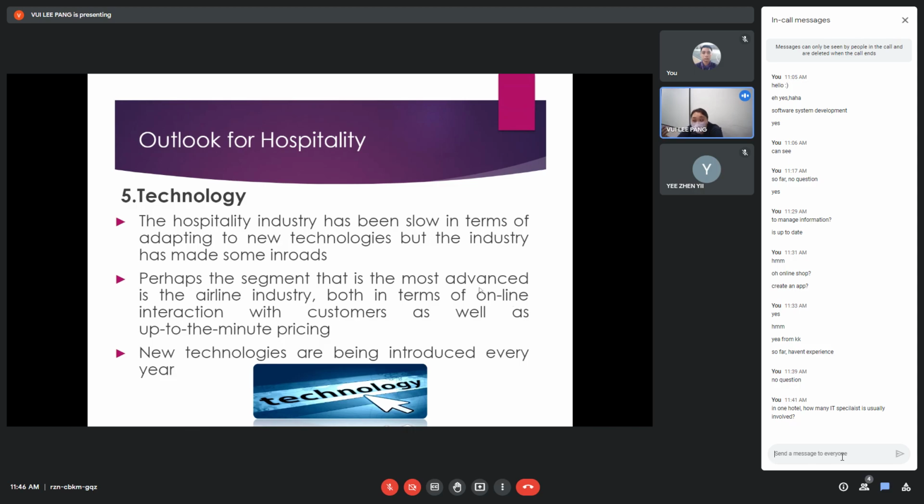So the same goes for the food and beverage industry, airline industry, hotel industry, so it is very important. They need to adapt to the changes. They need to keep pace with the changes. In one hotel, how many IT specialists are usually involved? It depends on the scale of the hotel.